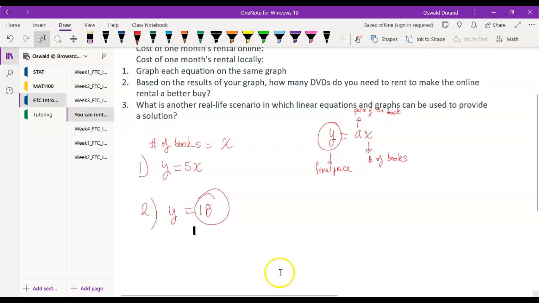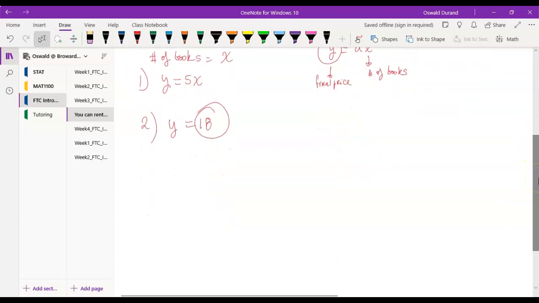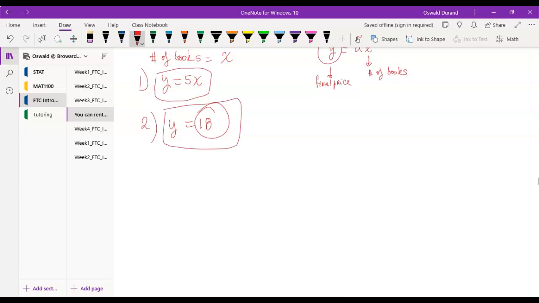Now, based on what you've learned in your textbook, you have to graph this. You have a y-axis and an x-axis, and then you're going to represent y equals 5x. You should know how to do that by now.